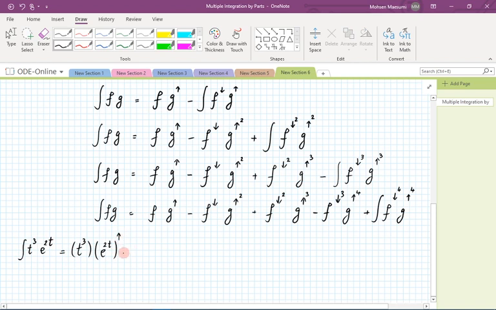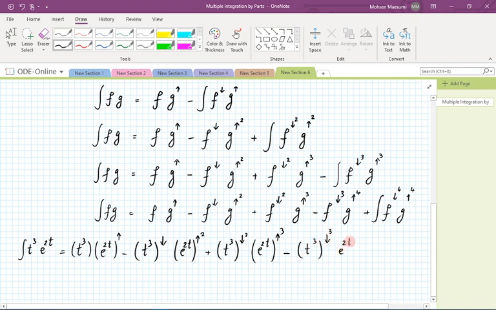So this is going to be taken up, minus t cubed is going to be taken down 2 notches, exponential of 2t is going to be taken up, excuse me, let's see, this is t cubed is taken down, exponential of 2t taken up 2 notches, and then plus t cubed taken down twice, exponential of 2t taken up 3 times, minus t cubed taken down 3 times, exponential of 2t taken up 4 times, and finally is this one, which is t cubed taken down 4 times, and exponential of 2t taken up 4 times.